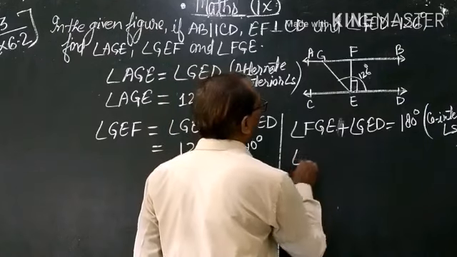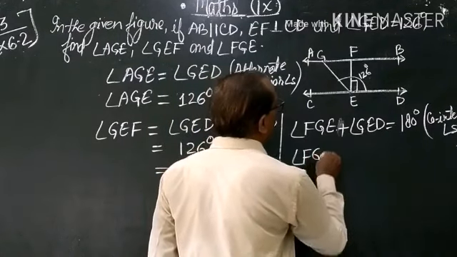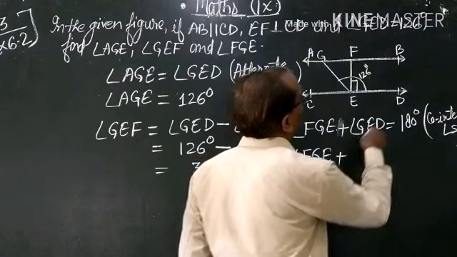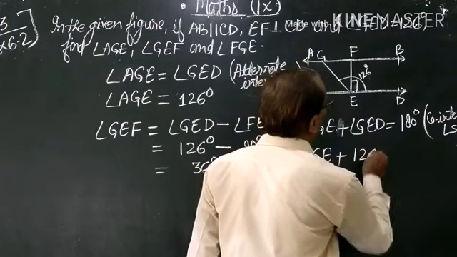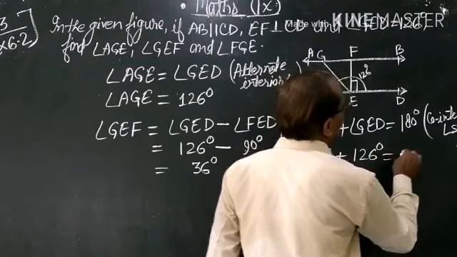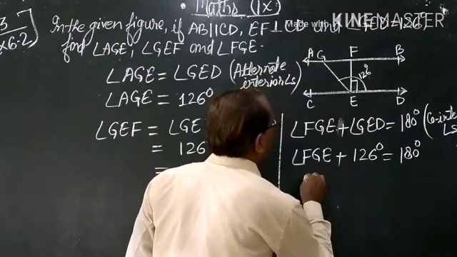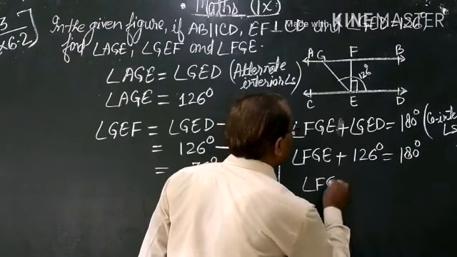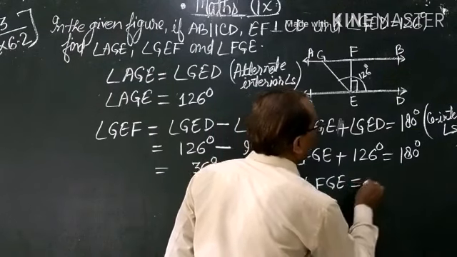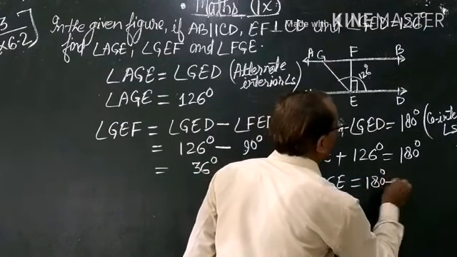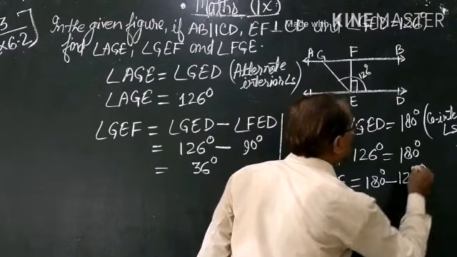Then you write angle FGE plus angle GED, 126 degrees, is equal to 180 degrees. Then angle FGE is equal to 180 degrees minus 126 degrees.